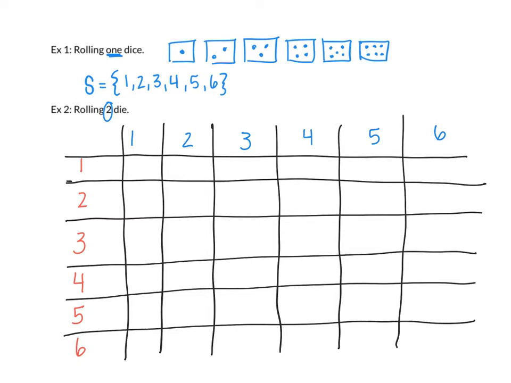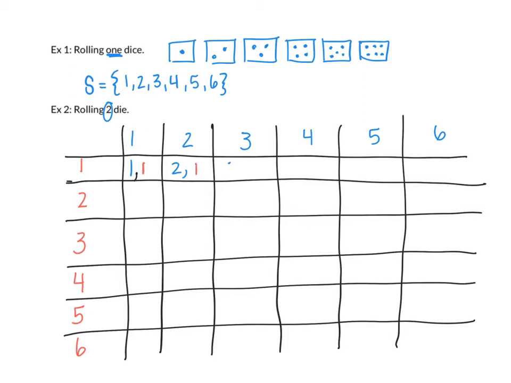My apologies. All right, so this first box is going to represent a 1 with the blue die and a 1 with the red die. So it would be 1, 1 would be that piece. This would represent a 2 on the blue die and a 1 on the red die.